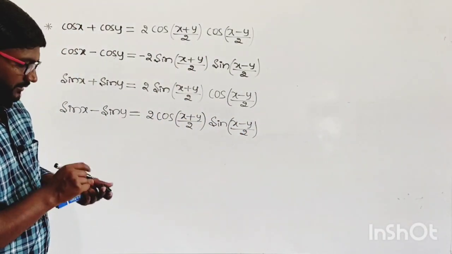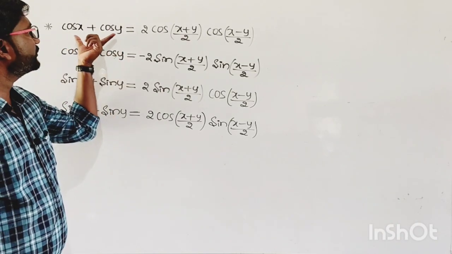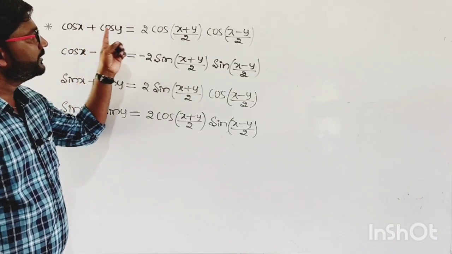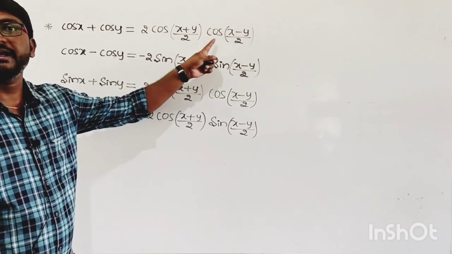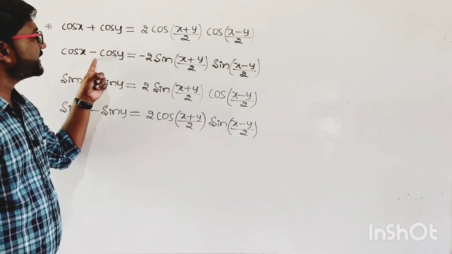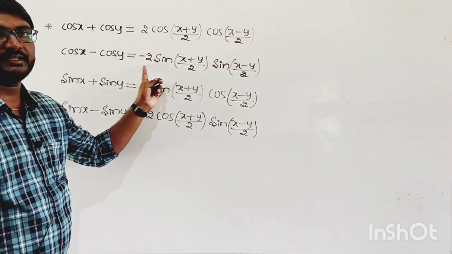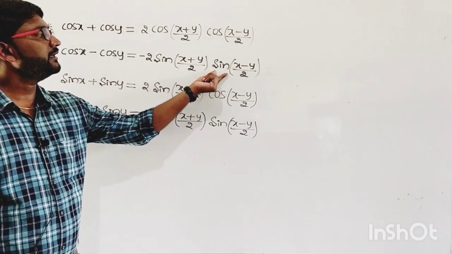So here we have cos x plus cos y. Whenever you have both the cos terms and the plus sign, we write cos and cos. Whenever you have both cos and the minus sign on the left hand side, we start with the minus sign and both the terms have to be sine.